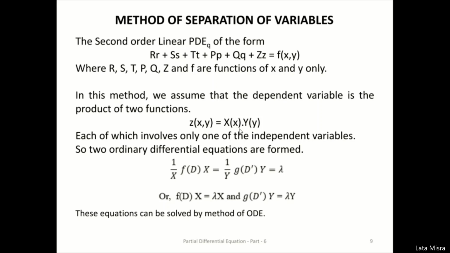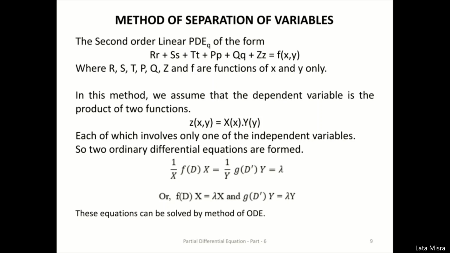We use z equals capital X into capital Y in the given partial differential equation, and when we simplify by partial differentiation, we get two equations, that is 1 upon X f(X'') equals 1 upon Y g(Y'') equals lambda.